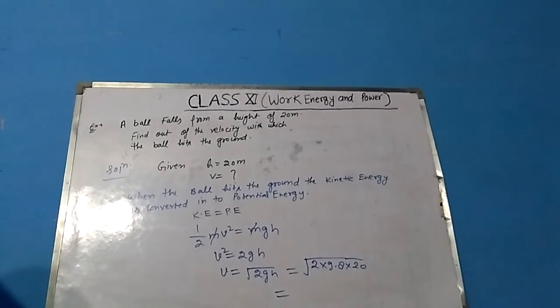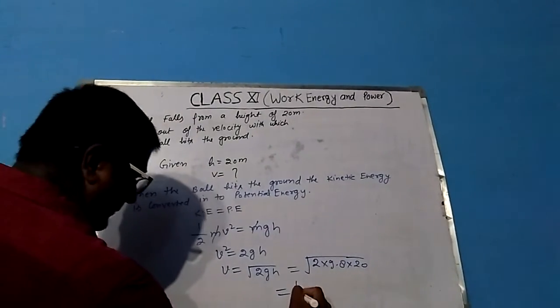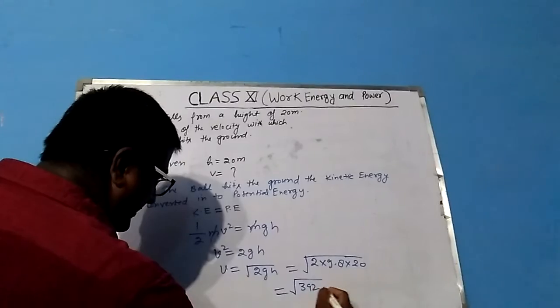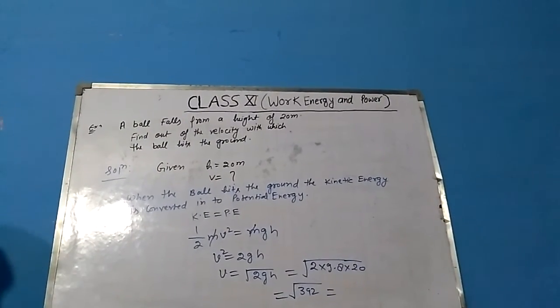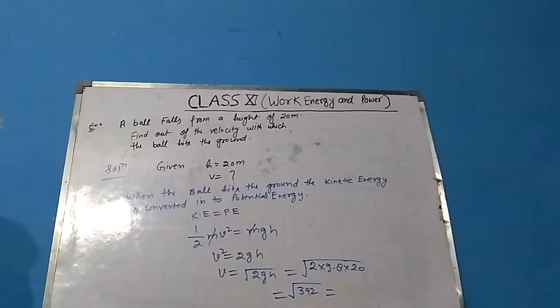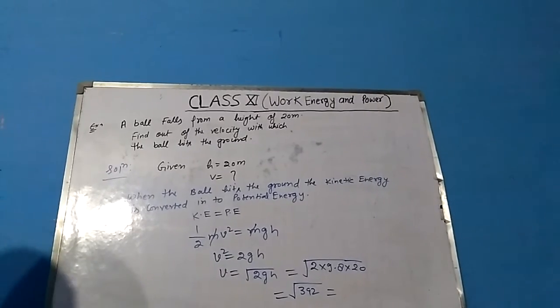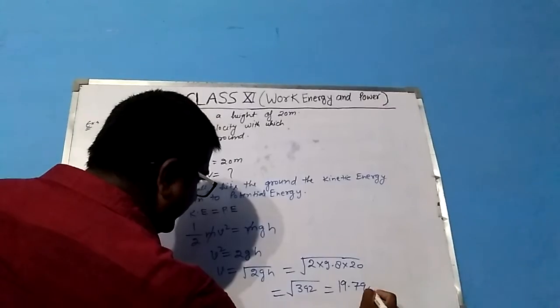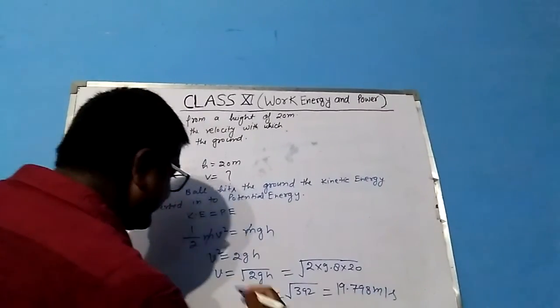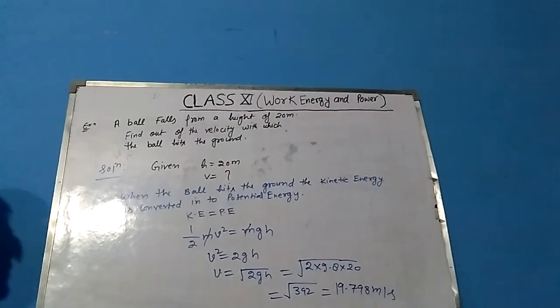Its value will be 392. Under root 392, near about 19.798 meter per second. This is the velocity. Okay, thank you.